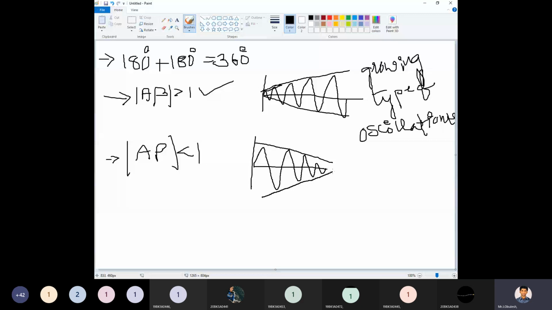Like this type of oscillations we will get. So this is the decaying type of oscillations, if A beta is less than 1.